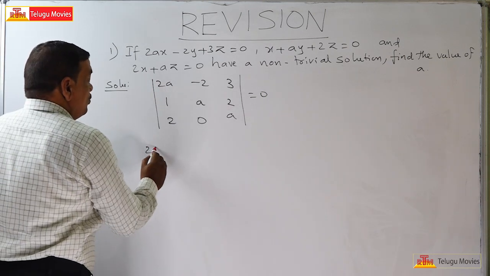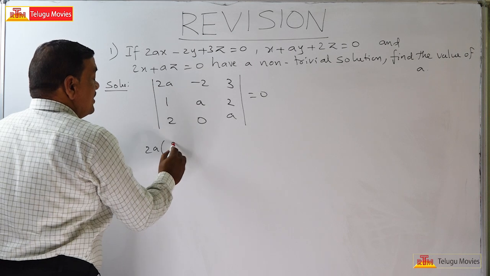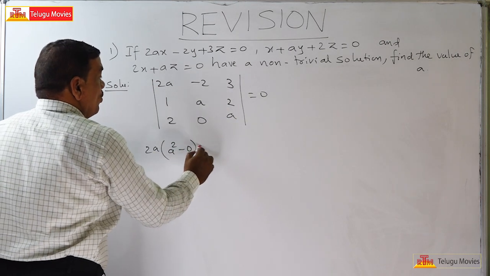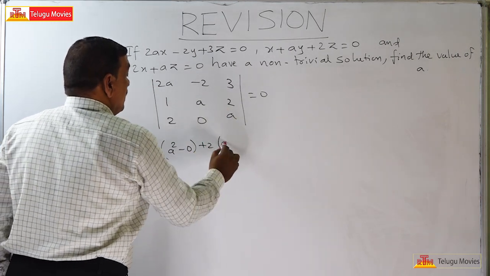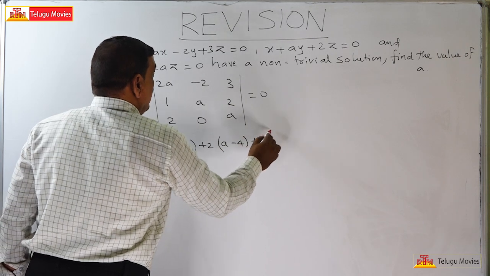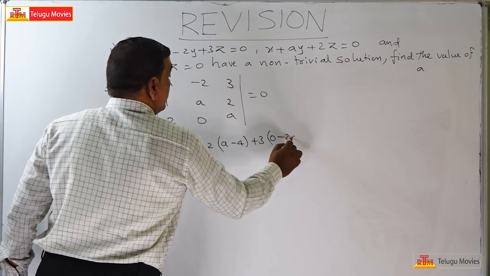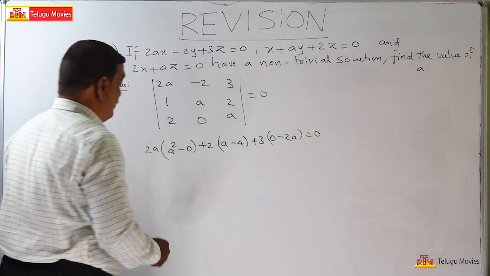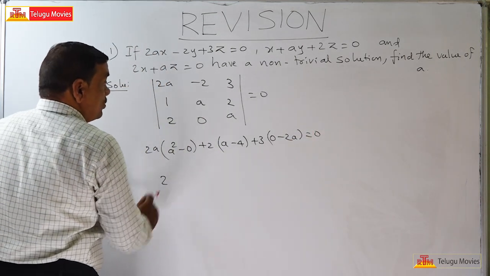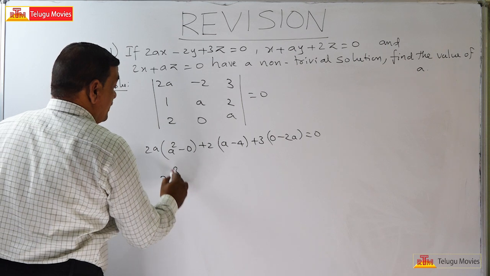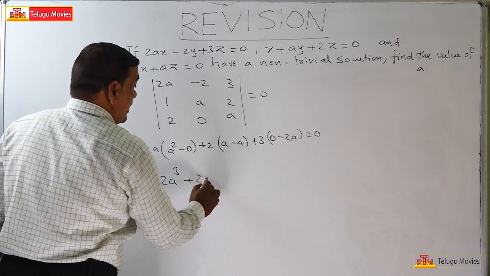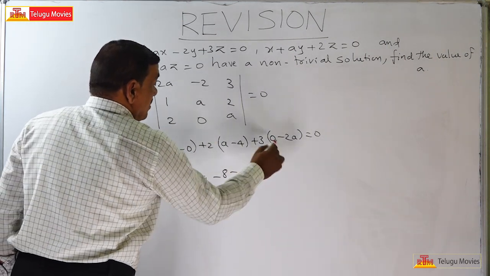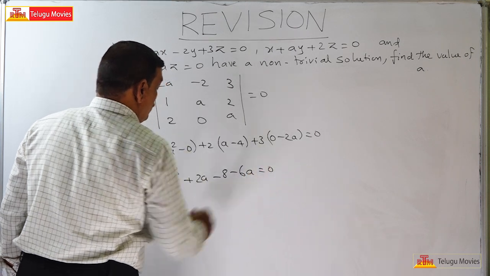So the determinant: 2a into a square minus 0, plus 2 into a minus 4, plus 3 into 0 minus 2a, is equal to 0. Multiplying inside, 2a cube plus 2a minus 8 minus 6a is equal to 0.